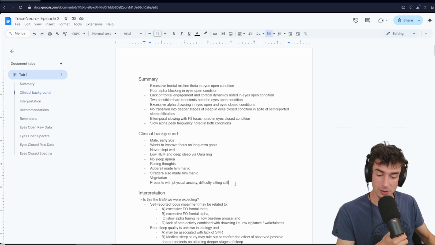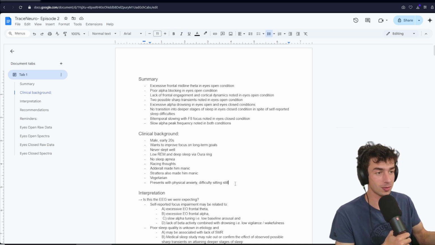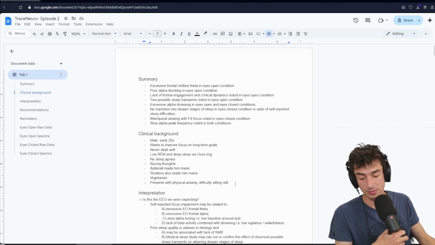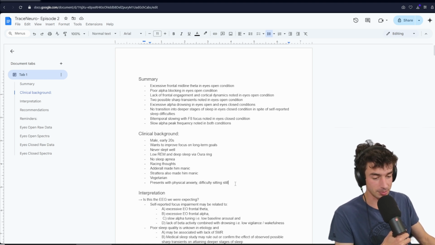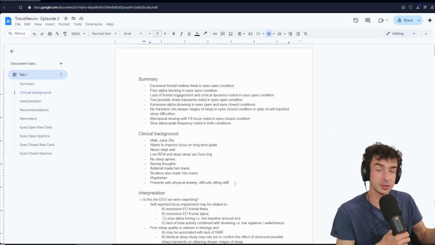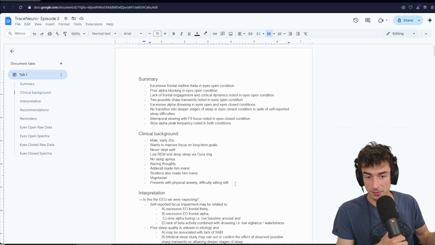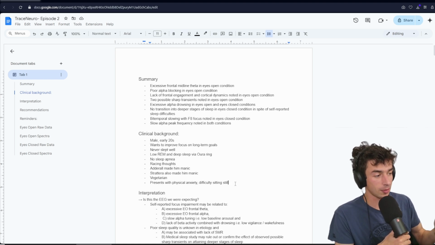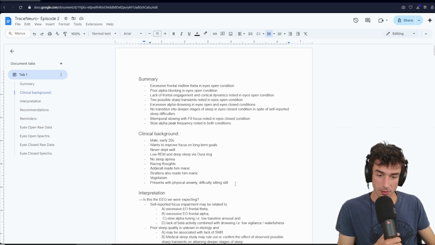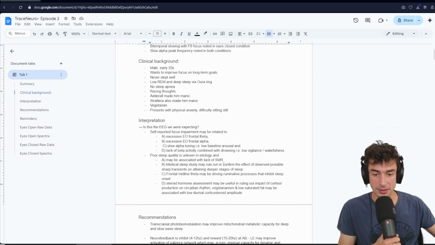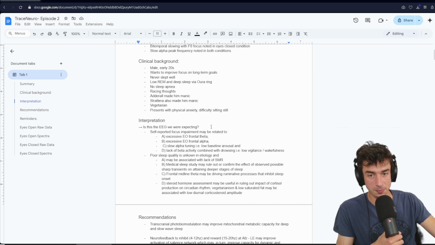And this is what's interesting to me and always surprising about looking at the EEG: we have these concepts in our heads about what someone's brainwaves are going to look like based on what they're presenting as outwardly. And yet the brain tells a more complex and nuanced story. And so, is this the EEG we're expecting? Yes and no.